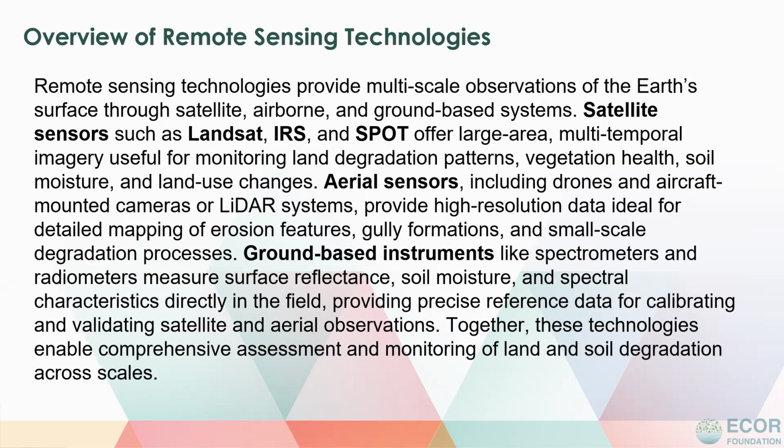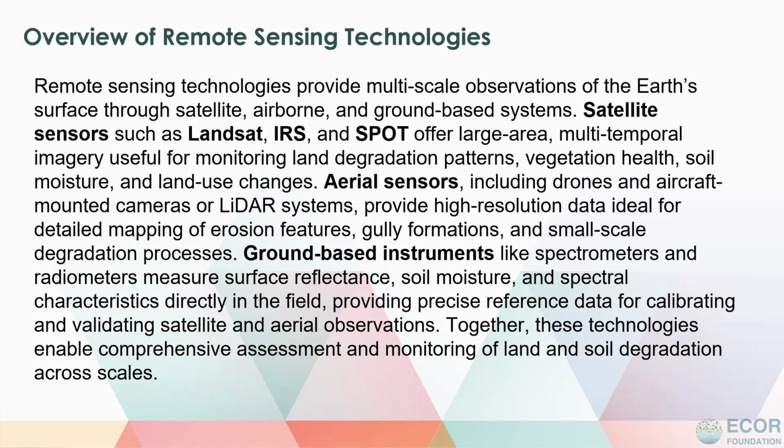Remote sensing works at three different scales: satellite, aerial, and ground. Satellite platforms like Landsat, Sentinel, IRS, and SPOT give us large area coverage and a historical time series, which is essential to studying land degradation trends.